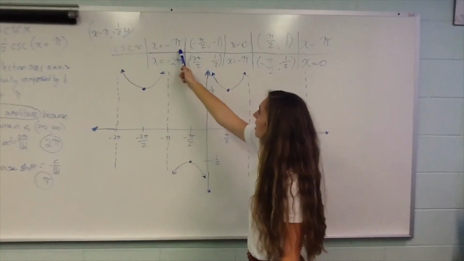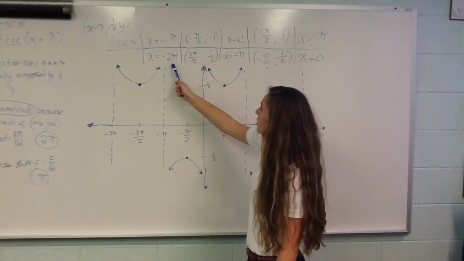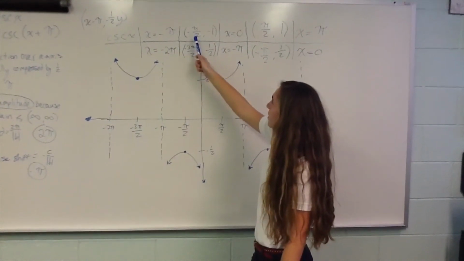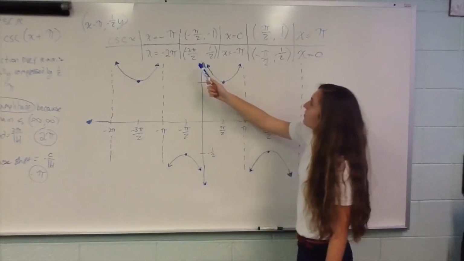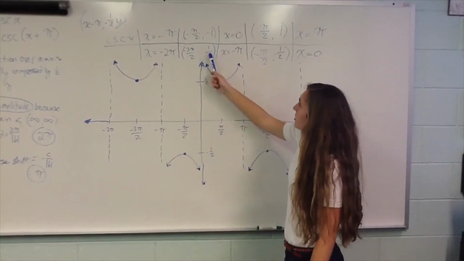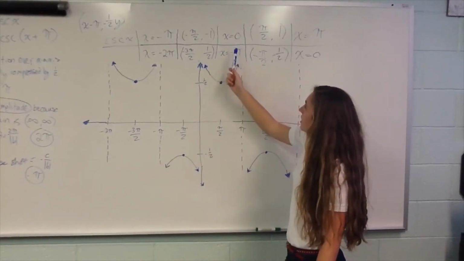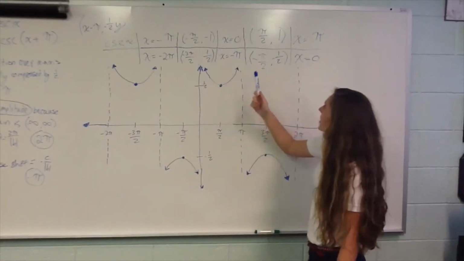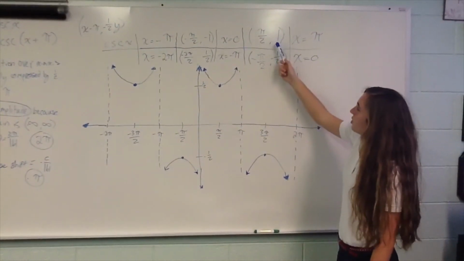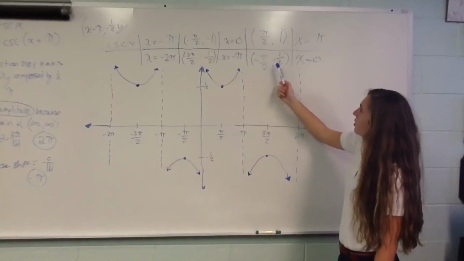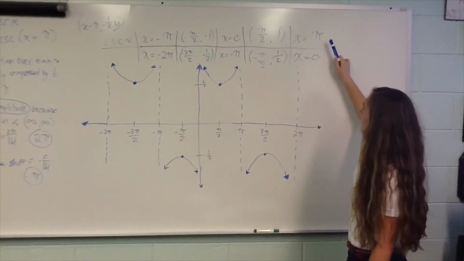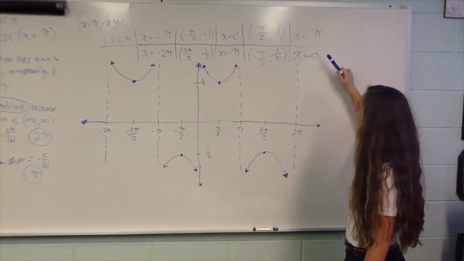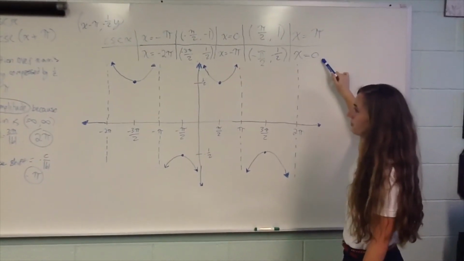So negative pi becomes negative 2 pi, negative pi over 2 becomes negative 3 pi over 2, negative 1 becomes 1/2, x equals 0 is negative pi, pi over 2 is negative pi over 2, 1 is negative 1/2, and x equals pi becomes x equals 0.